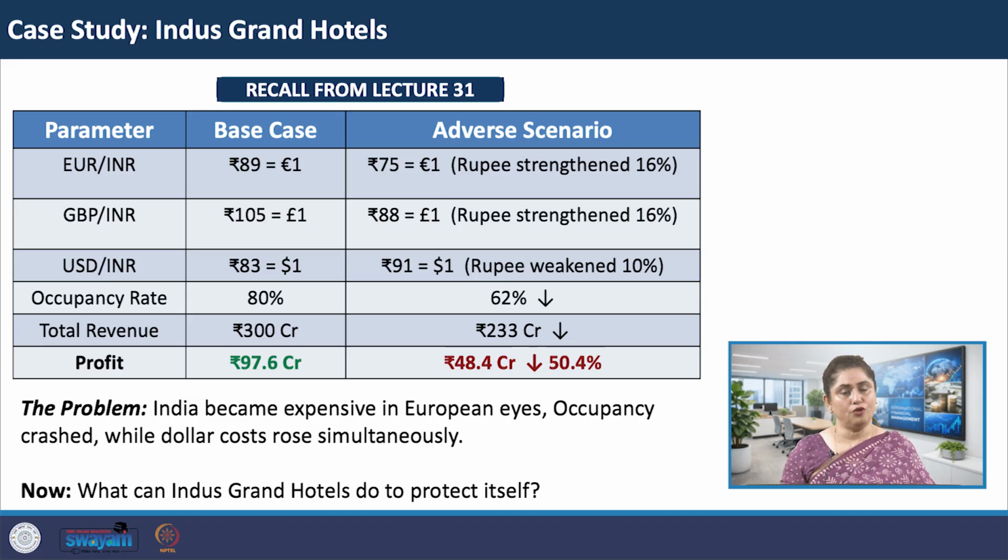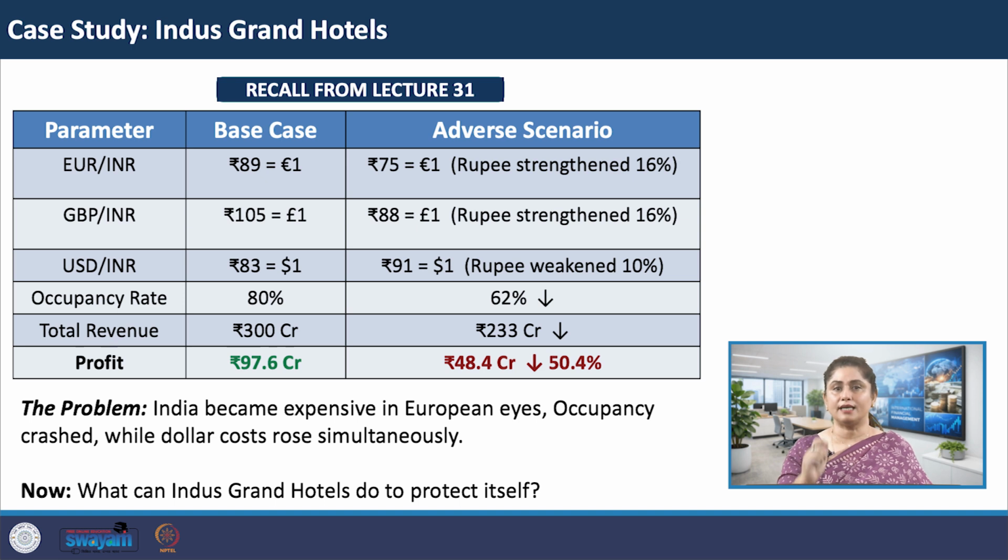It has no foreign currency receivables, and yet we showed that an adverse currency movement, that is the rupee strengthening against the euro and the British pound, while simultaneously weakening against the USD, could cause profits to collapse by over 50%, from 97.6 crore rupees to 48.4 crore rupees.